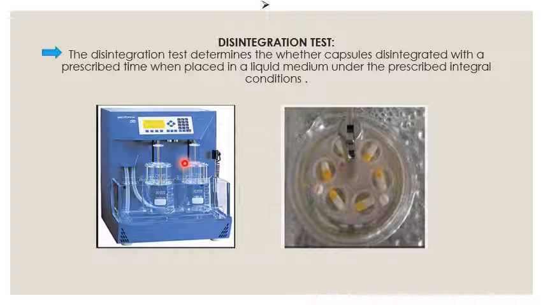Now we will see the apparatus for the disintegration test. The disintegration test determines whether a capsule disintegrates within a prescribed time when placed in a liquid medium under the prescribed conditions.